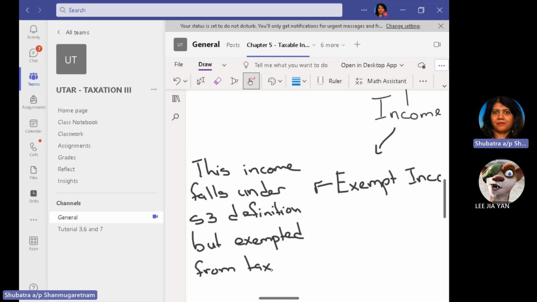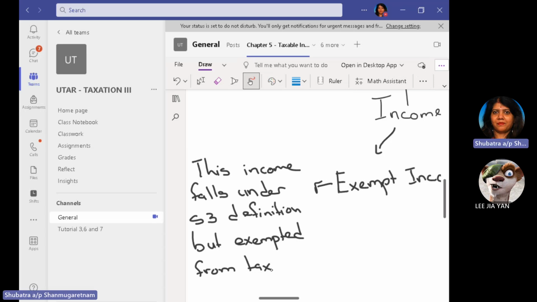Number of people, not only students, sometimes you speak to people outside there, you say dividend, dividend not taxable what? Very wrong, guys. Very, very wrong. Dividend is a taxable income. It does fall under Section 3, but it is exempted from tax.